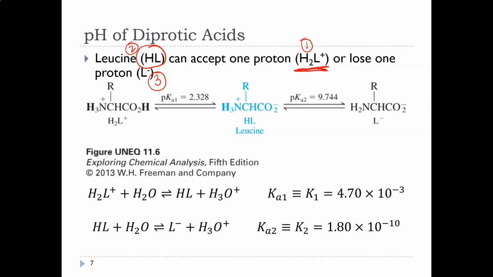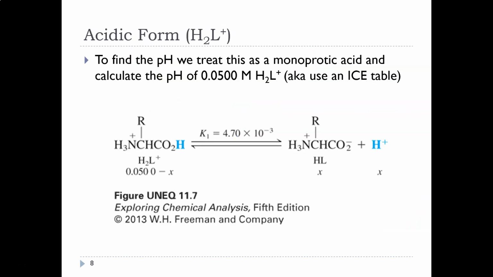For this one, there'd be 2 Ka values because there's 2 protons. So going from 2 protons to 1 proton to 0 protons here. And we can see that big difference between Ka1 and Ka2. Our textbook, apparently it's too much work to write the a, so they just call these K1 and K2 instead of Ka1 and Ka2.